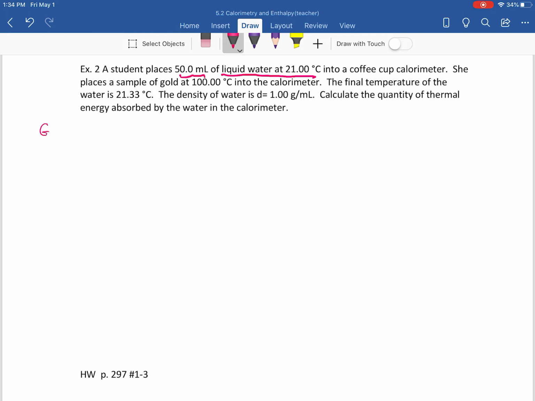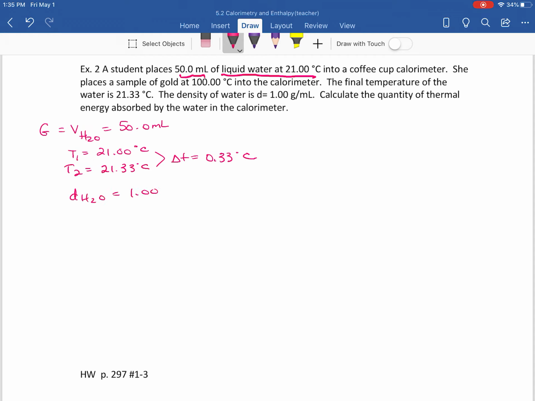Okay, let's do it. So what do we know? We know my given. We know my volume of water is 50 mL. We know that my T1 is 21 degrees Celsius. We know that my T2 is 21.33 degrees Celsius. So what that tells me is my delta T is equal to 0.33 degrees Celsius, right? T2 minus T1.